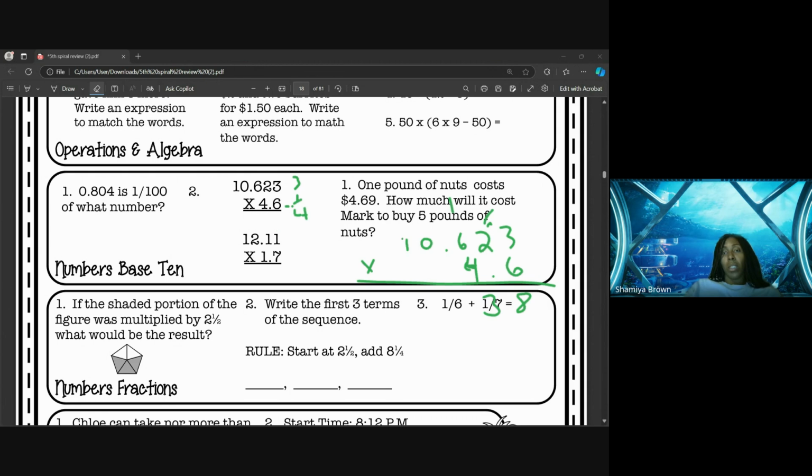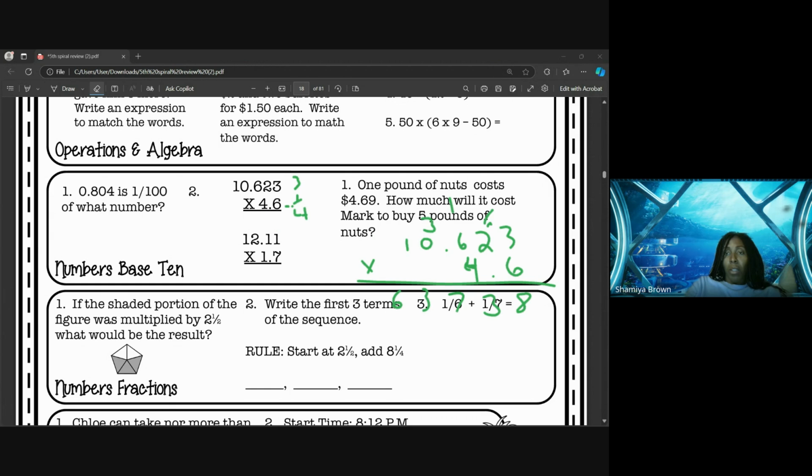Plus 1 is 37. Put my 7. Carry my 3. Then 0 times 6 is 0. Plus 3 is 3. Then 1 times 6 is 6.